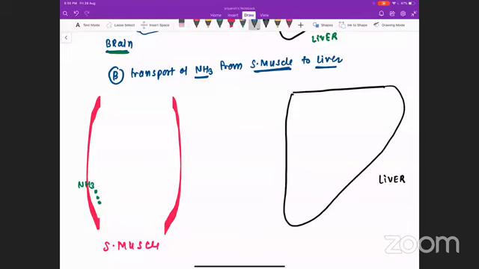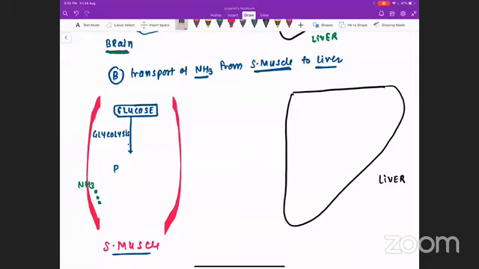See, what happens is the skeletal muscle requires glucose for energy purposes. Skeletal muscles will use glucose. Glucose will undergo glycolysis, and the product is going to be pyruvate.